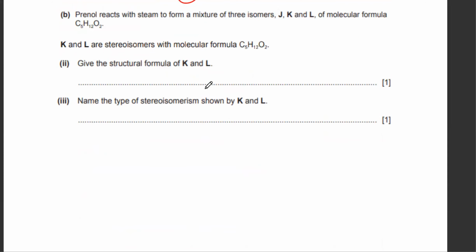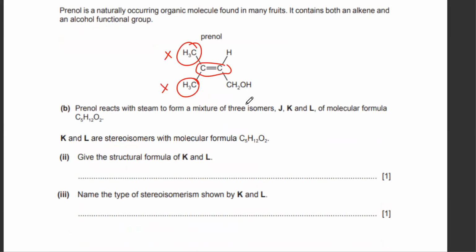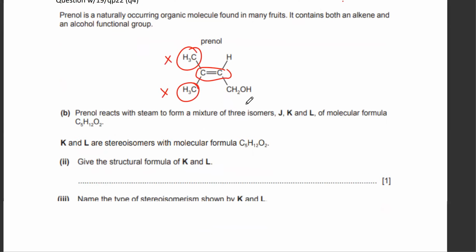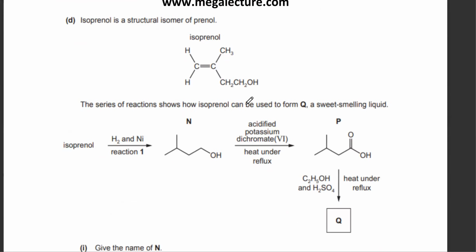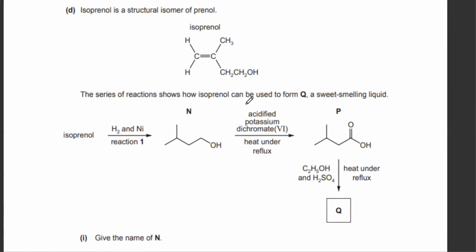Name the stereoisomer shown by, so they're saying, this one is more about optical, so let's ignore that. And the same over here, this one is not going to form cis and trans, right? Double bond, but both groups are exactly the same.